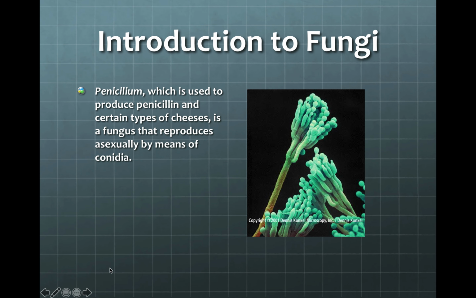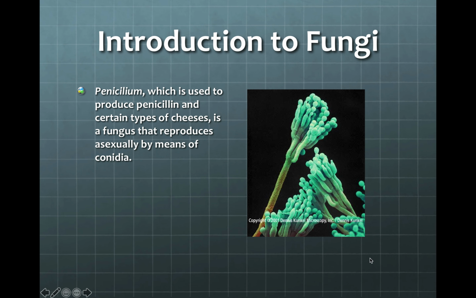Penicillium, it's really Penicillium notatum, N-O-T-A-T-U-M. This is the fungus that produced the first antibiotic that we know, penicillin. This is the green that you see on the outside of oranges, and it can also be on certain types of cheeses.